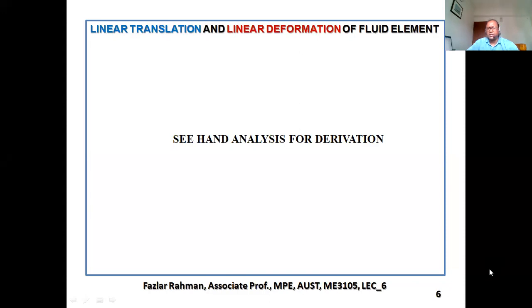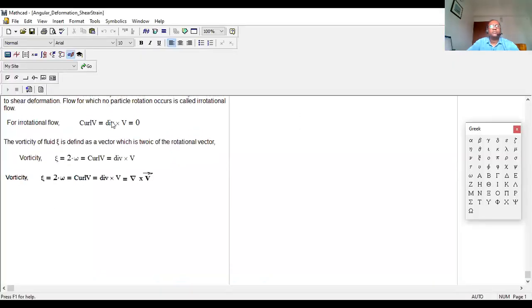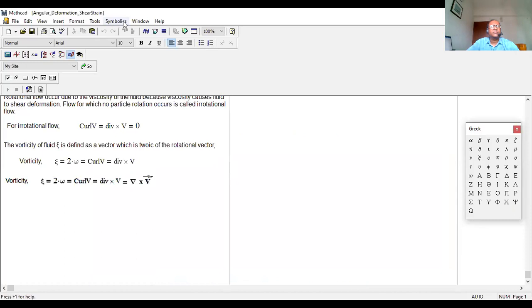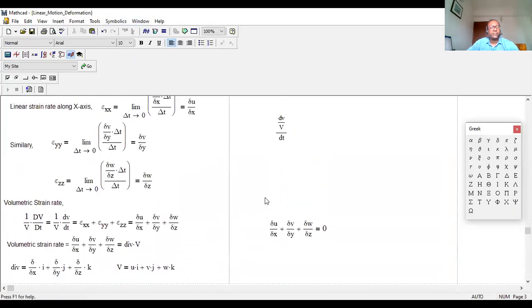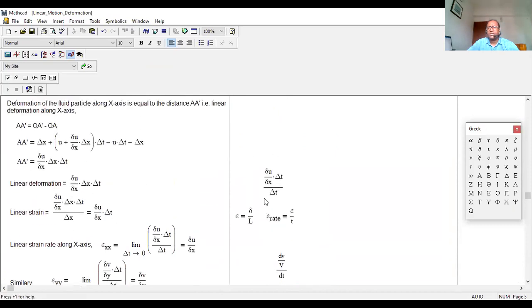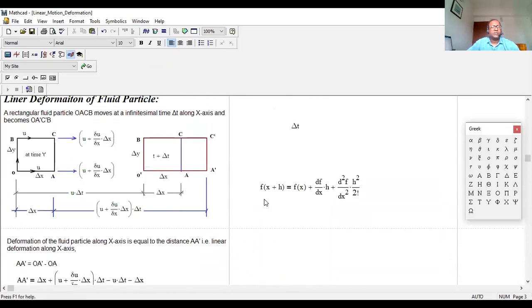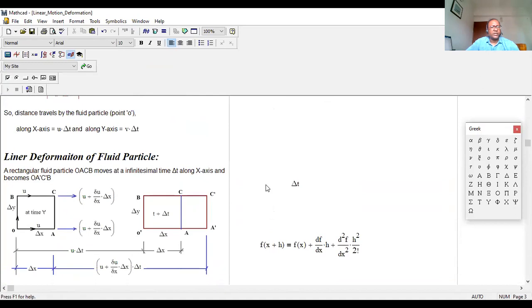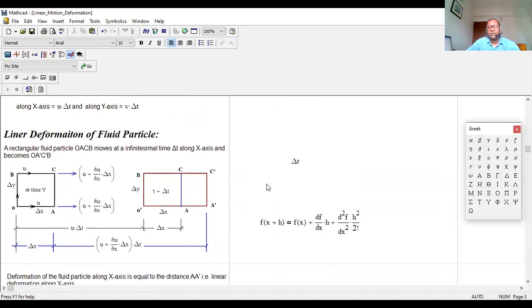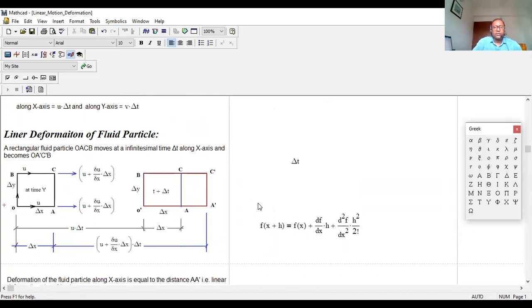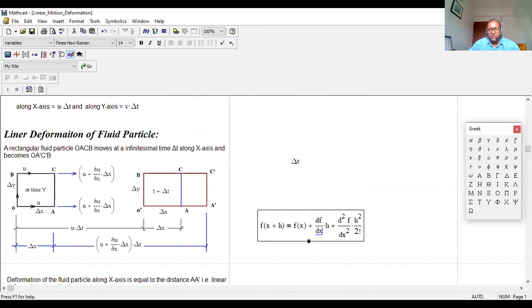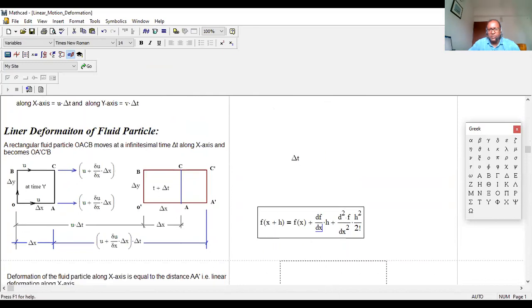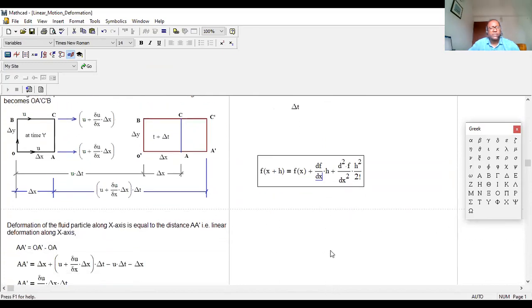Over here is the Mathcad file. Okay, we need to start from here. We discussed it a little bit and we'll discuss again today.